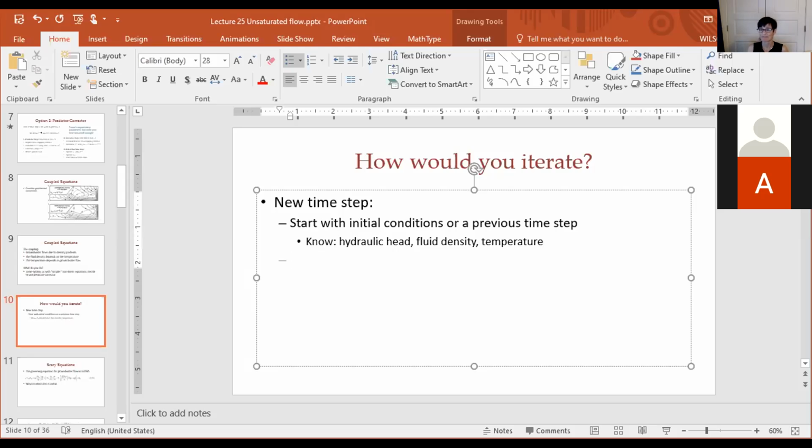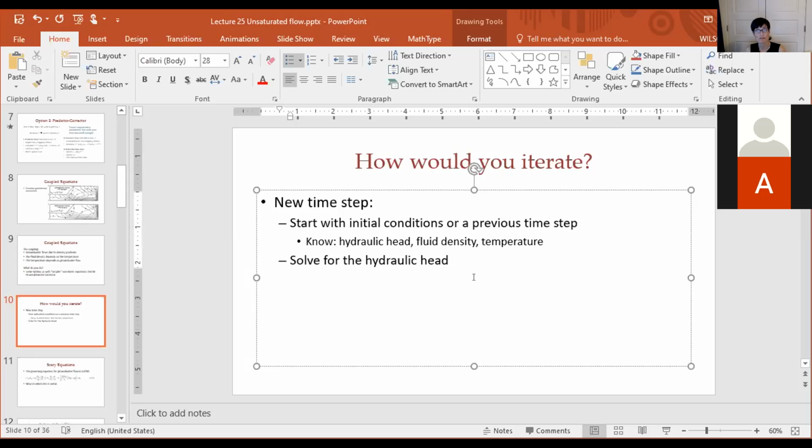Yeah, that's what I was going to say. Good. I like to start with the hydraulic head. So let's say solve for the hydraulic head. All right, so we've just updated the hydraulic head. We don't have any new information about the temperature yet, so we don't want to update the fluid density yet. What should we do next?